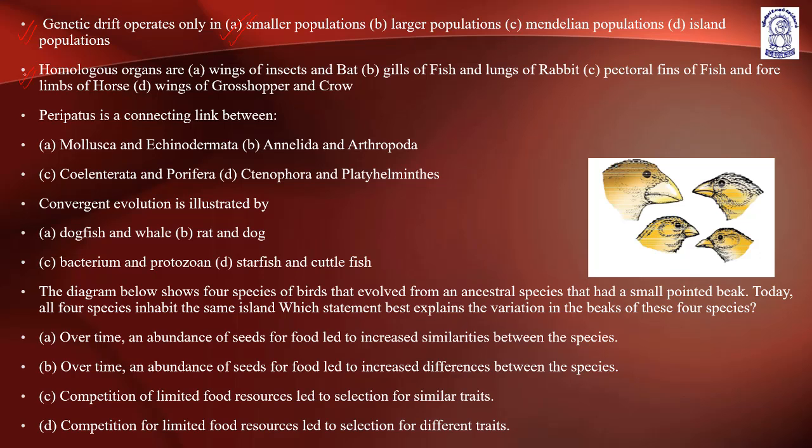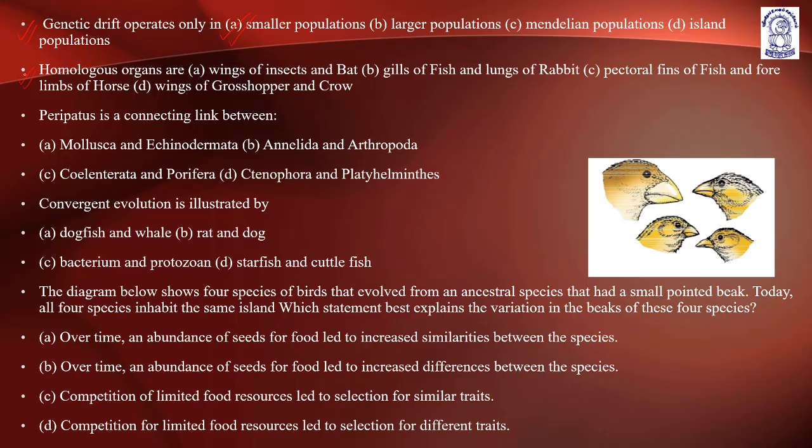Wings of insects are rudimentary, but they are basically for flight, and the wings of a bat are also for flight. Gills of fish and lungs of rabbit have a common function. They can be part of convergent evolution or analogous organs, but they are not homologous because their function is the same, respiration.